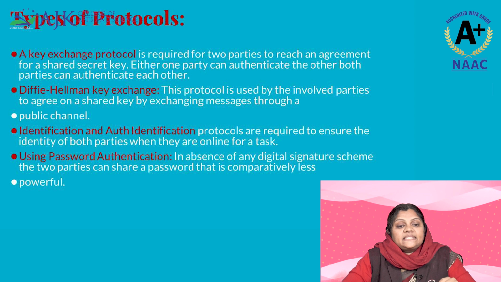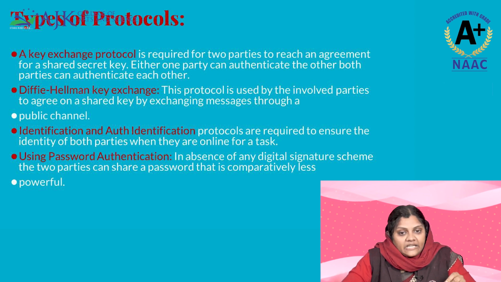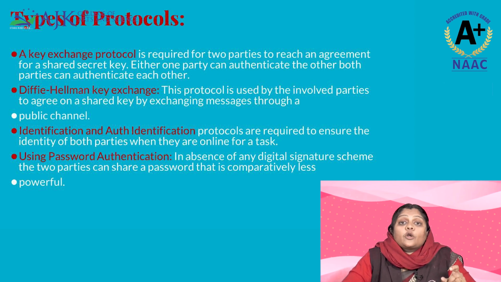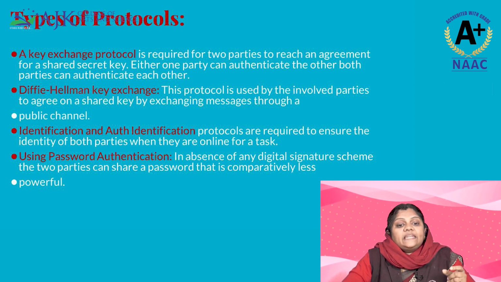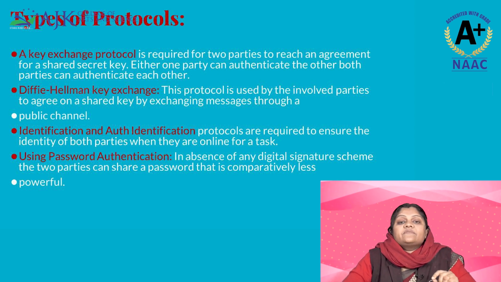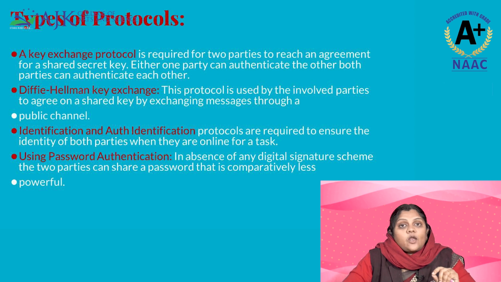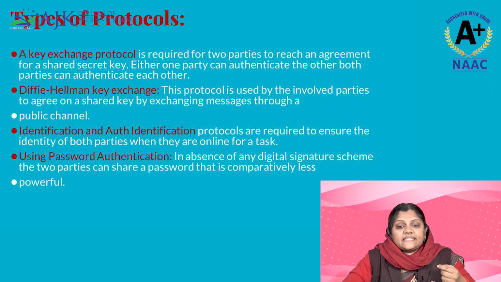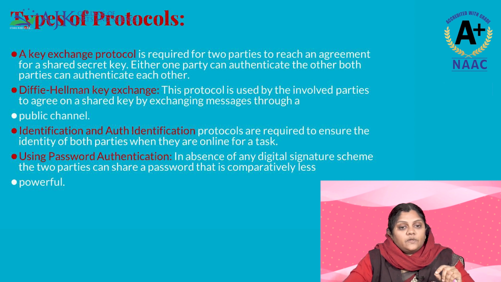The third one is identification and authentication. It refers to a protocol required to ensure the identity of both parties when they are online for a task. The last one is using password authentication. In absence of any digital signature scheme, the 2 parties can share a password that is comparatively less powerful.